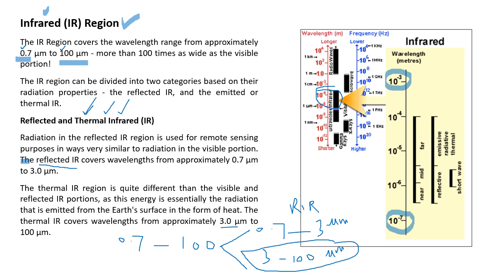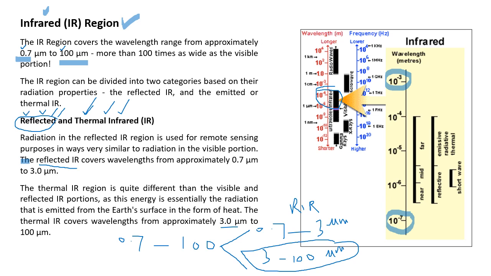But the reflected energy is very useful to study the vegetation, to study the water content, and water may be the sea water, maybe the fresh water, it may be within small lakes, larger lakes.